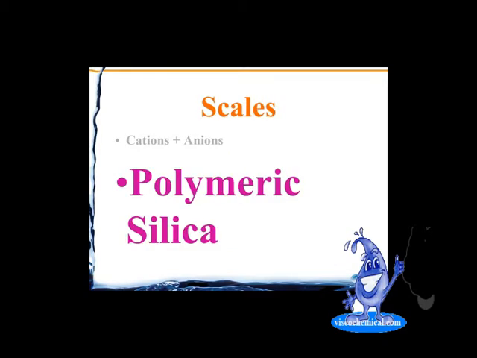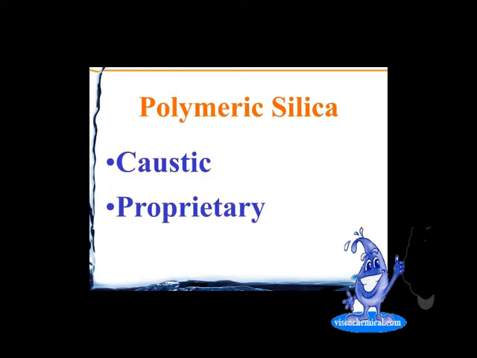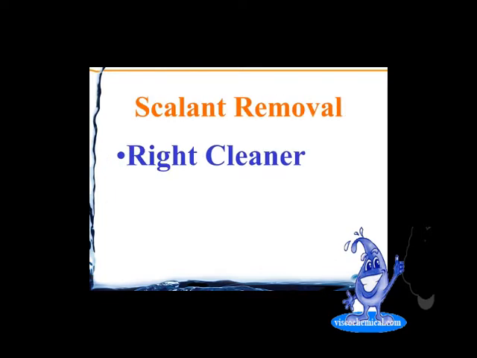And then finally on scales, polymeric silica, not as common, and I've never seen it on a surface water, but on certain well waters that are high in silica, you can get polymerization of silica, and this takes a different type of cleaning to depolymerize the polymeric silica. So this is going to be the only scale ordinarily where we're using a high pH or proprietary cleaner, and that's for the polymeric silica.